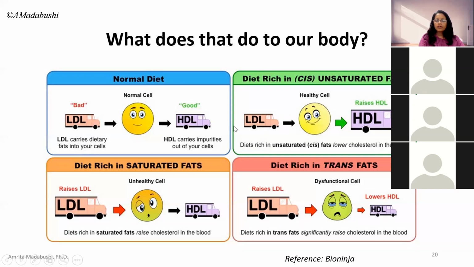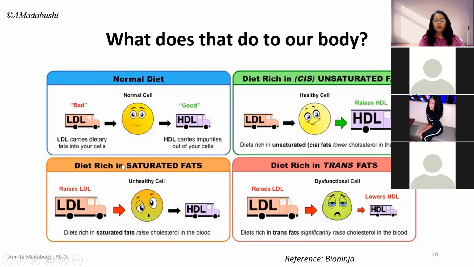The bad one takes the stuff that is bad, the little truck is the same size, the pink truck, or maybe a little bit smaller. But the high density lipoprotein can carry way more impurities out of your cell, okay? So it makes the cholesterol lower in the blood because of that reason. That's a great thing, that when we have unsaturated fatty foods, there is lower cholesterol in the blood.